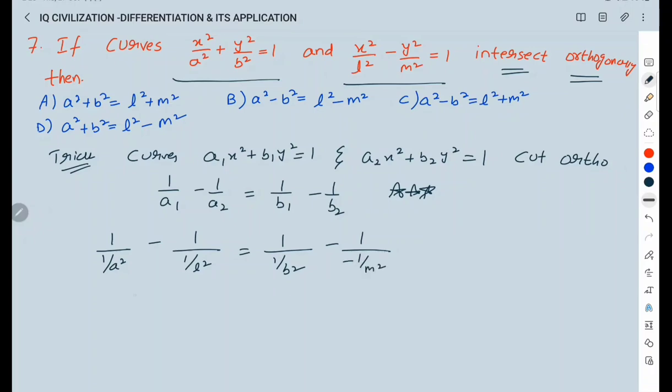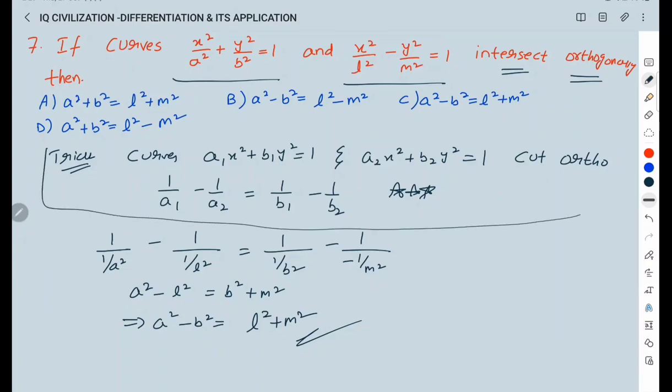So reciprocal: a square minus l square is equal to b square plus m square, that is nothing but a square minus b square is equal to l square plus m square. Very easy. This is the trick. Very important. Orthogonal, it is a sure question.